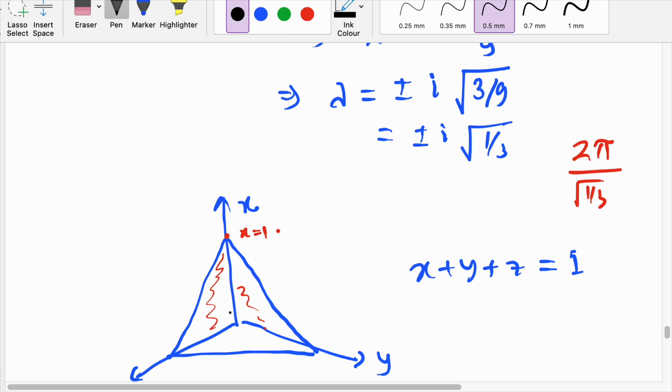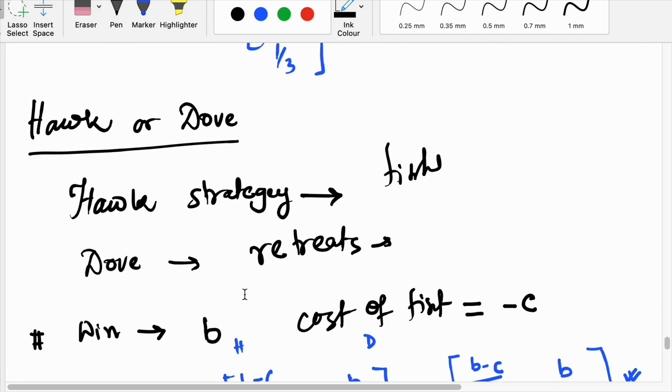So this fixed point corresponds to one third and one third, and you will find a cyclic periodic trajectory around this point. And if you average this trajectory, you will get one third, one third, one third. So that is what we covered in this class the last day.